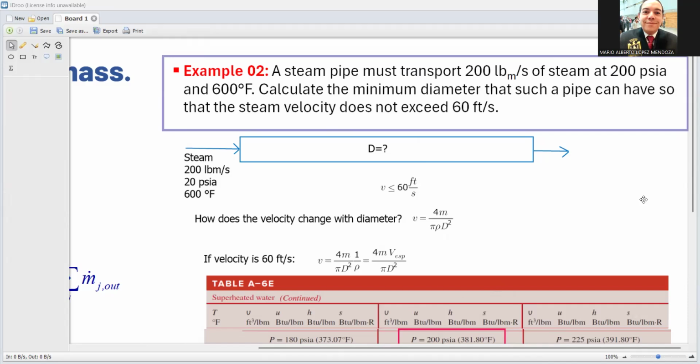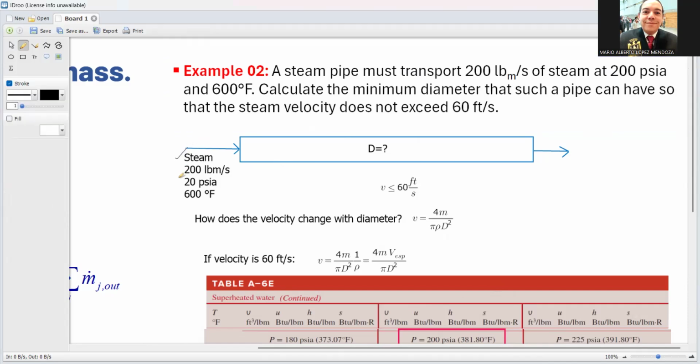feet per second. So, in this case, I have tried to draw the pipe. In this pipe, we will have steam as the fluid which is flowing through the pipe. We know the mass flow rate of the system, 200 pound mass per second.